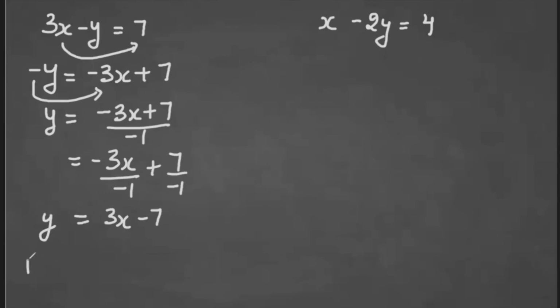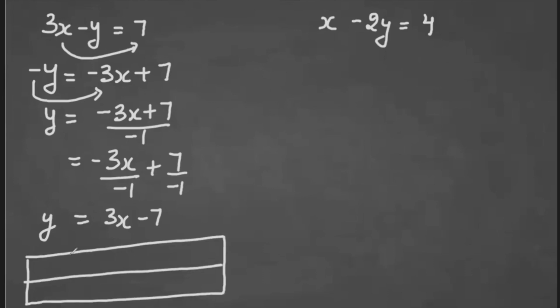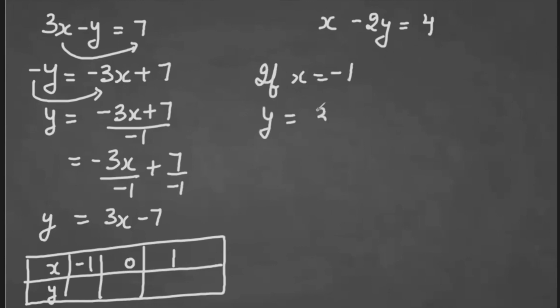We will consider the values of x as negative 1, 0 and 1. Three values are sufficient to plot the table for any equation. If x is equal to negative 1, then y is equal to, in place of x, we put negative 1, 3 times negative 1 minus 7. We get negative 3 minus 7, which is equal to negative 10.